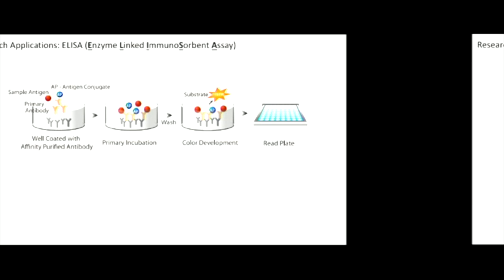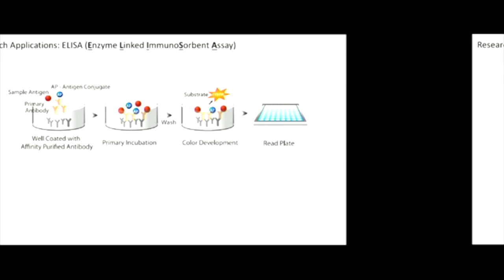ELISAs are a technique that we use a lot in the lab, and they're pretty easy and relatively cheap for what you're trying to do. It's this idea, again, of using antibodies to recognize an antigen. You can do this in a sample to see if, for example, a person is expressing HIV antibodies because they've been exposed to HIV.